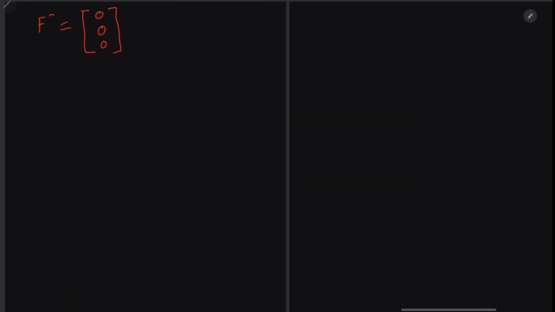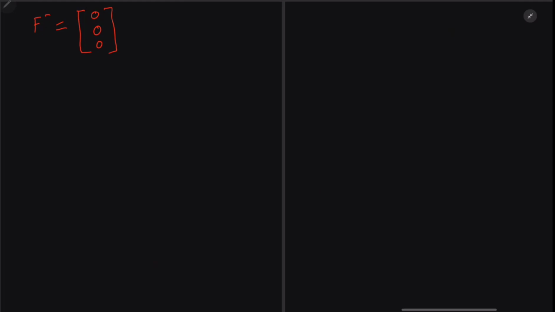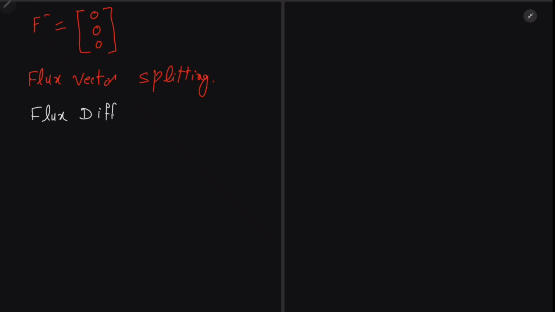Okay, so this approach is called flux vector splitting, where you decide your fluxes according to the sign of the waves. Now suppose that we have flux difference.